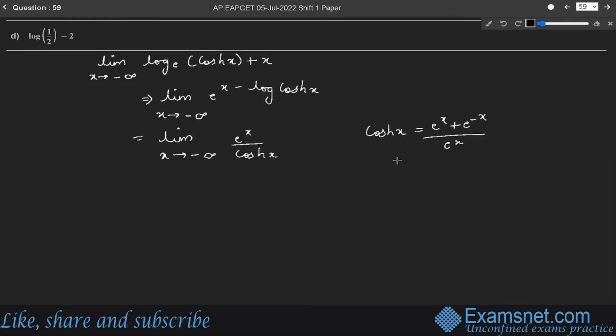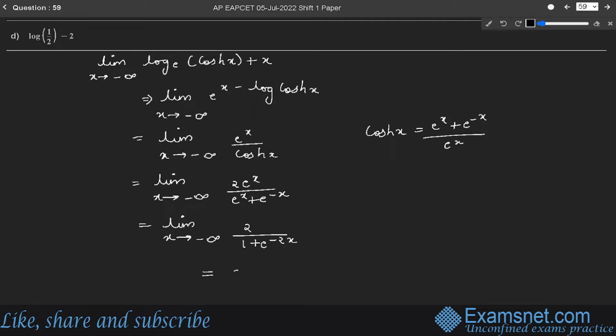So substituting this value here, we will get limit x tends to minus infinity 2 into e to the power x divided by e to the power x plus e to the power minus x. It will be limit x tends to minus infinity 2 divided by 1 plus e to the power minus 2x, which is equal to 2.